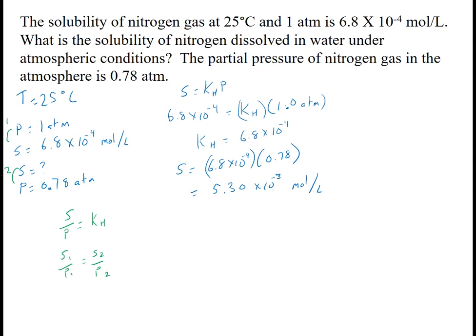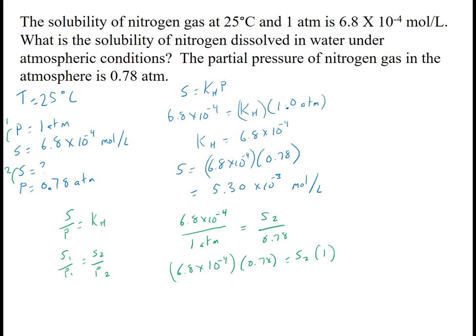So S1 was 6.8 times 10 to the minus 4th over 1 atmosphere is S2, which I don't know, over 0.78. So I need to cross multiply, so I have 6.8 times 10 to the minus 4th times 0.78 is equal to S2 times 1.